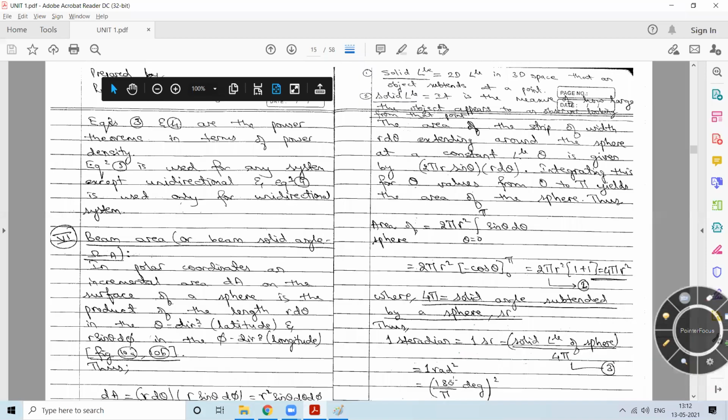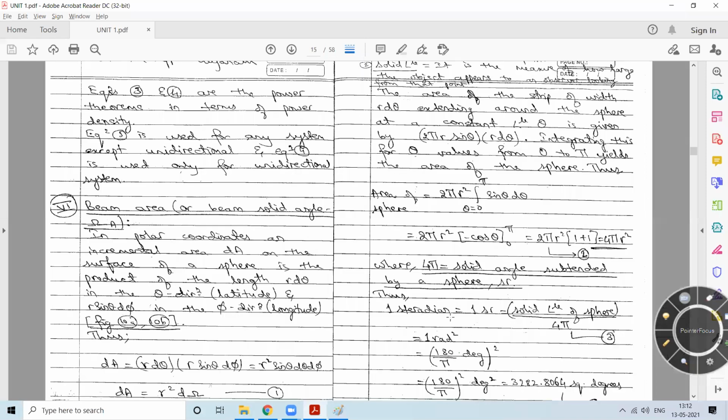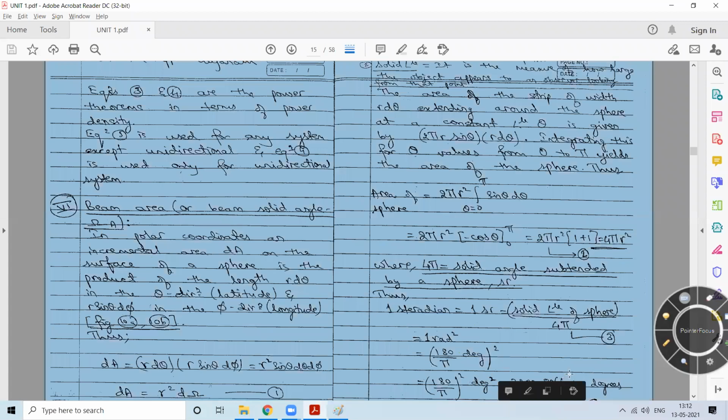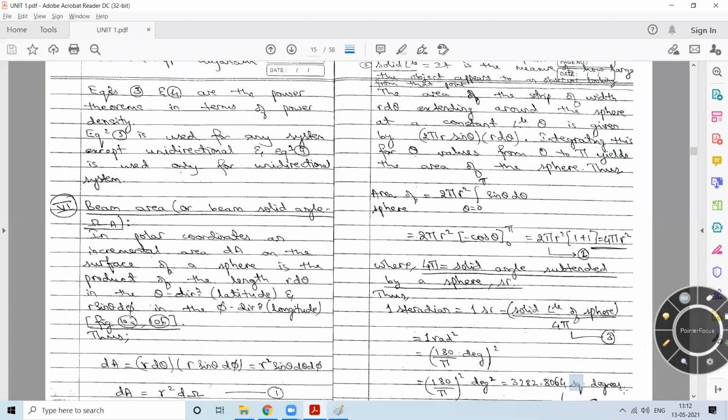It is 180 by pi. So 1 steradian is equivalent to 3282.804 square degrees. Since it is degree square, we write it as square degrees.